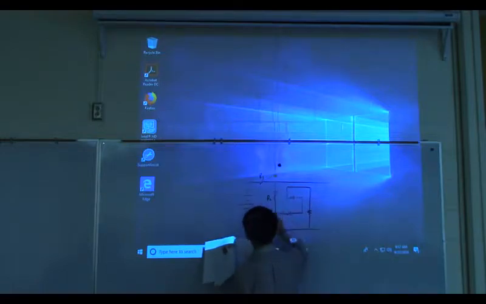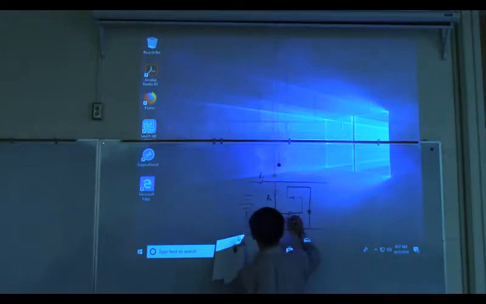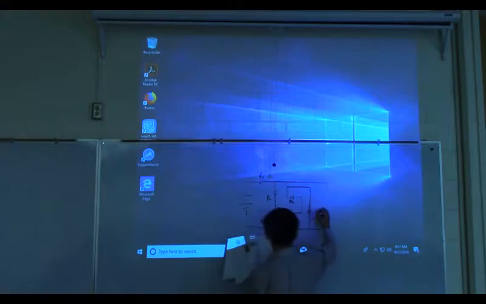That is R2. This is R6. This is R3. This one is R4. This one is R5.